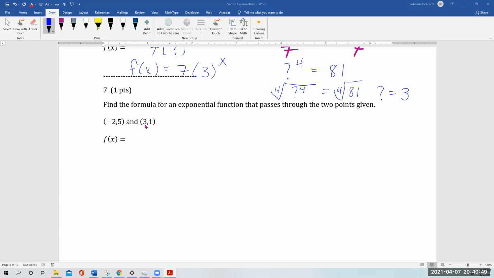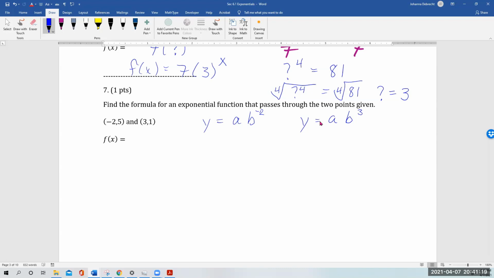This means that we have two equations, and we'll write them like this. One equation is y equal a times our unknown base being raised to the -2 power. The second equation is y equals our unknown initial value a times the unknown base being raised to the third power.